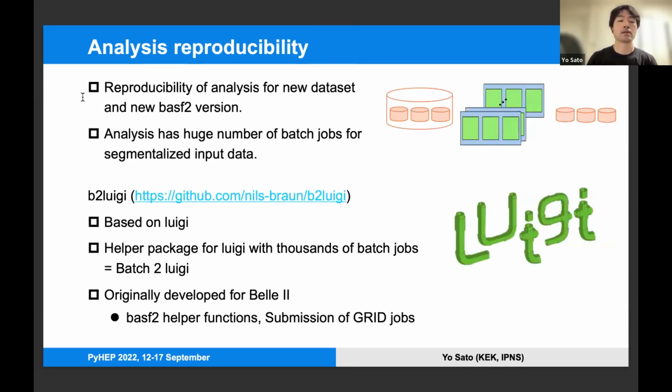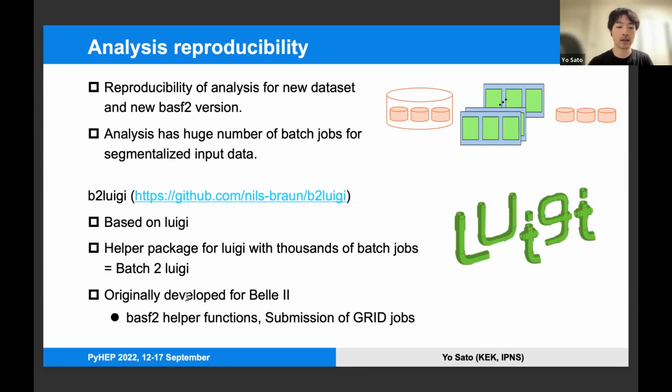And this is the next item, about analysis reproducibility. In basf2 analysis, there can be a huge number of batch jobs for segmented input data. For that, we are using b2luigi, which is developed based on Luigi. It provides some helper functionality for handling thousands of batch jobs.